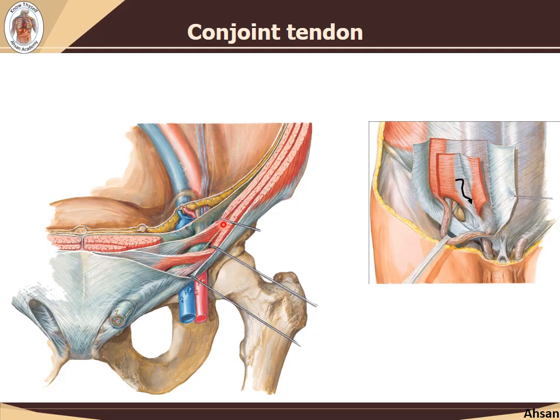Transversus abdominis is attached to the relatively lateral part, so coming from the lateral side, arching over, and these two aponeuroses fuse together here. This goes to the pubic tubercle, pubic crest, and pectinate line laterally. So the total area from the back is covered by the conjoint tendon.